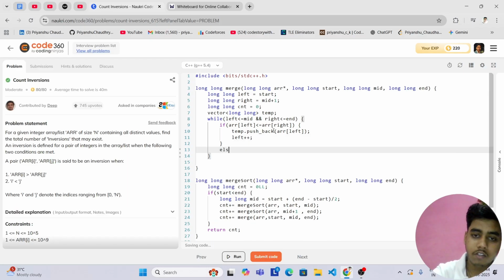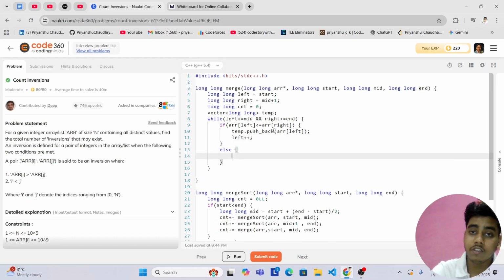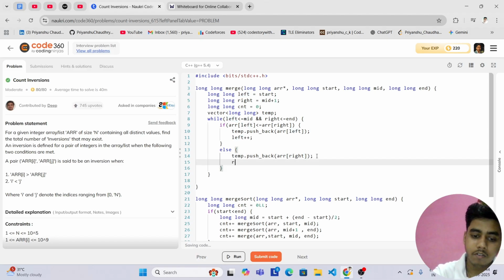Now similarly in the else case, this is the case where array of left element will be greater than the right element. So in this case we will push back the smaller element, and we will move our pointer also.